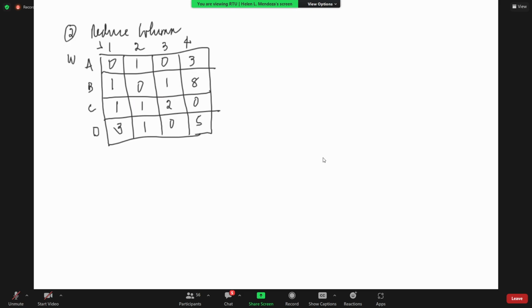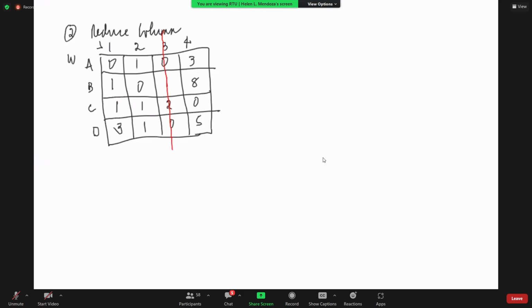So ibig sabihin, mag-i-start kang mag-cross out ng 0, i-cover mo siya ng line, may pumapasok pa rin. I-cover mo siya ng straight line, mag-i-start ka sa mas maraming 0. So either yung una mong i-cross out si row A or si column 3. So gagamit tayo ng isa. Supposing gusto ko si column 3. So wala nang dalawa. Ibig sabihin, tig-iisa na sila.